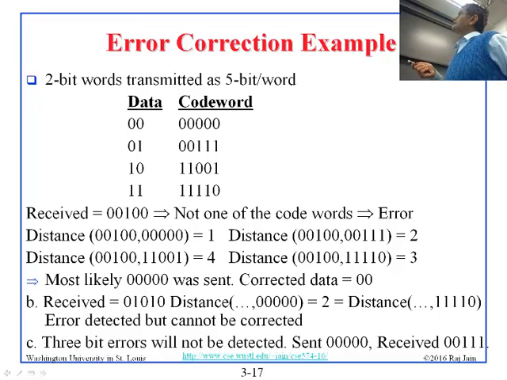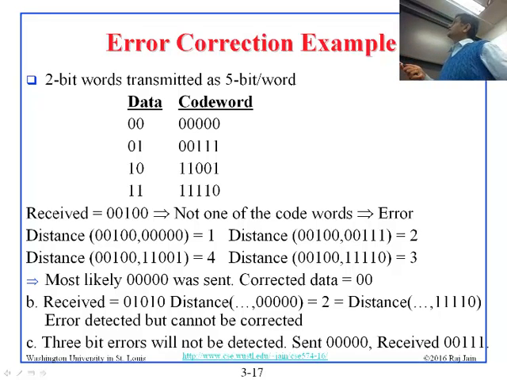So the advantage of this coding, error correction coding, this is actually error detection, error correction coding, is that if I received this 0, 0, 1, 0, 0, this is not one of the 4 codes that we agreed. Right? But what we received here has a distance from each of these 4 codes. These 4 codes can be put on a 5-dimensional space.